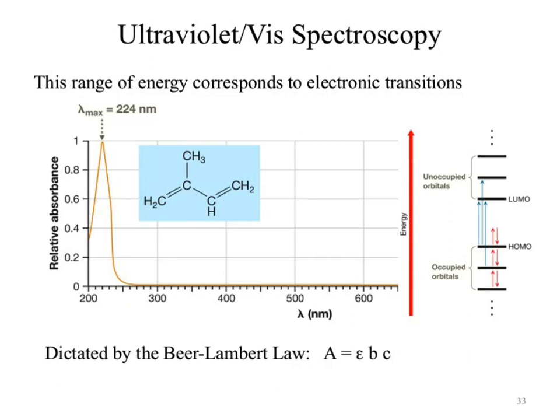Well, if we look at our diagram, what we've got is our ground state for the molecule, shown on the right with the red arrows. We've got our highest occupied molecular orbital. And when I fire ultraviolet light at this, that can cause an electron to get excited and jump. More than likely, it would jump to the lowest energy unoccupied molecular orbital, or our LUMO.